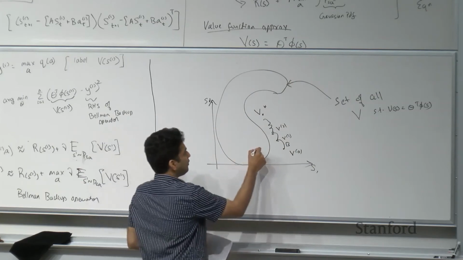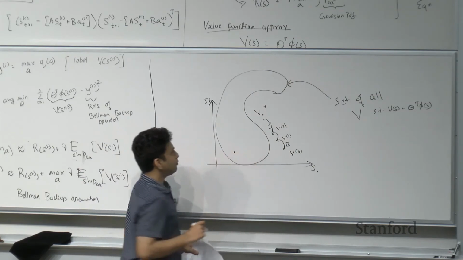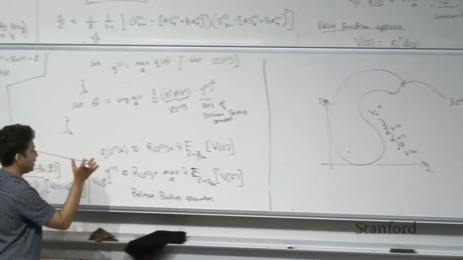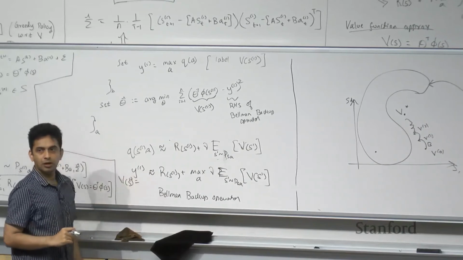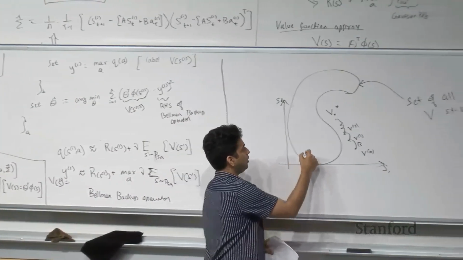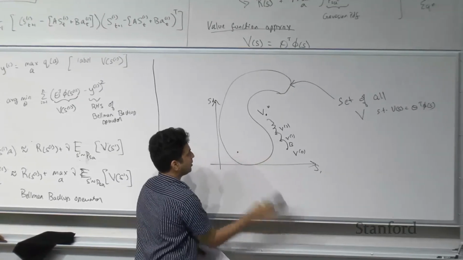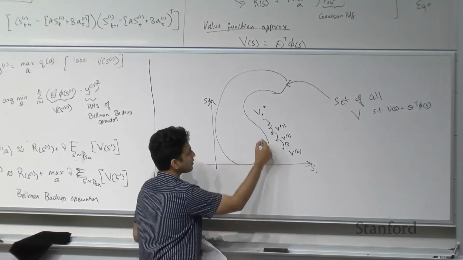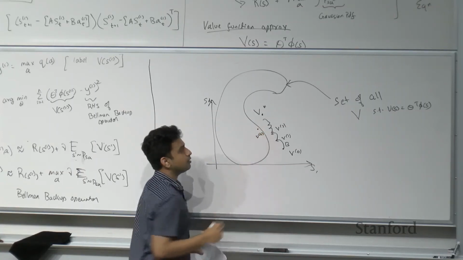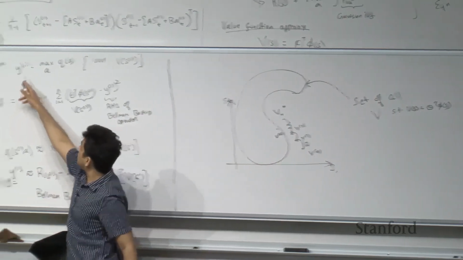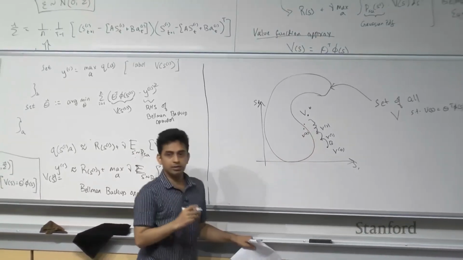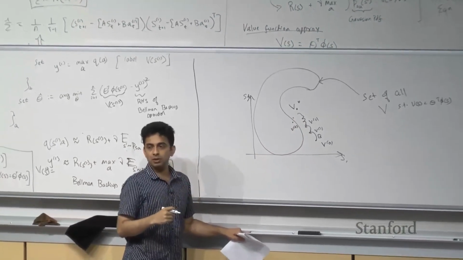And if we start with some value function over here, and we apply one iteration of this fitted value iteration, let's call this V of t, the fitted value iteration might give us yi over here, that might be outside our functional space.